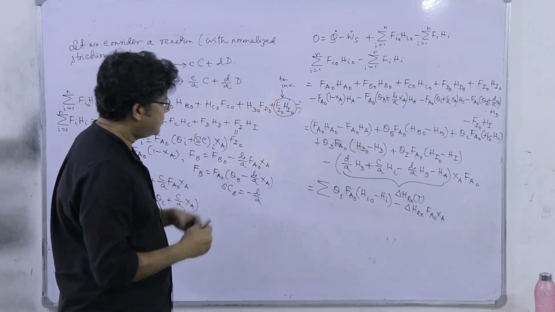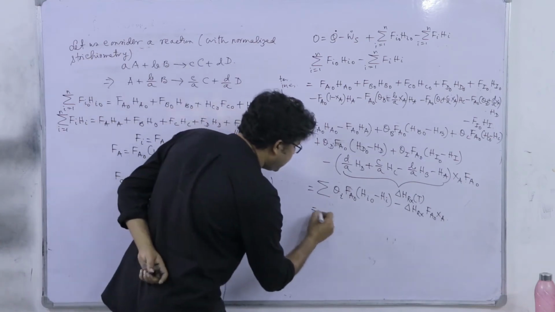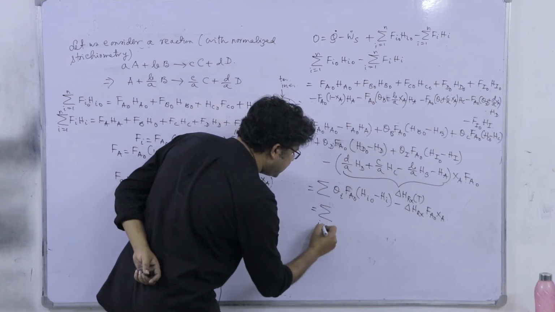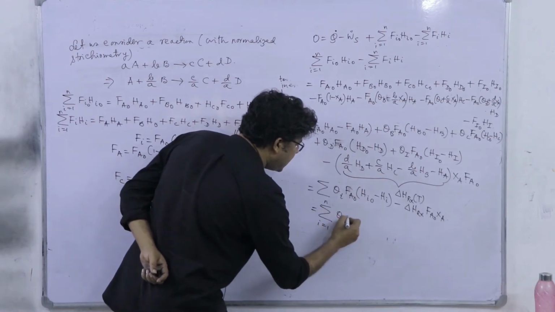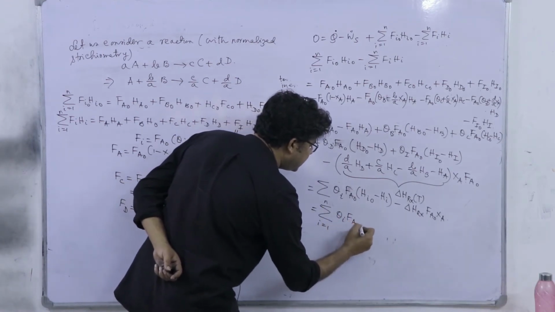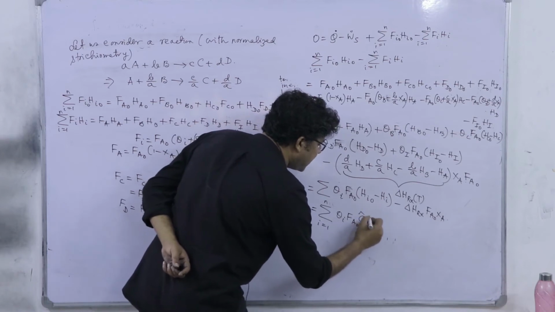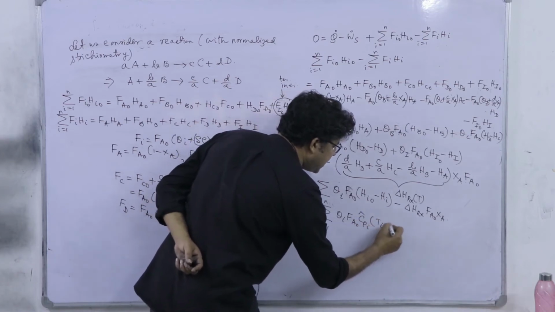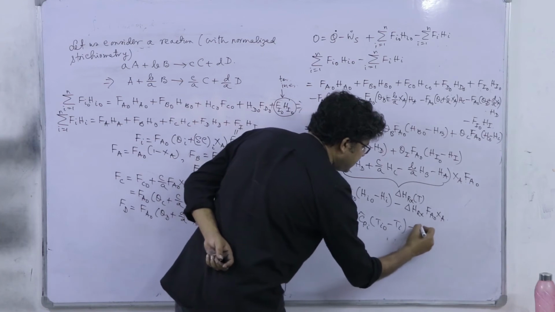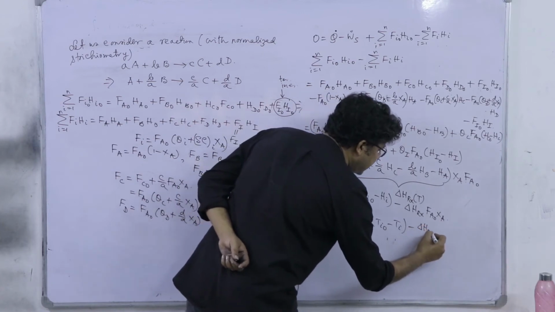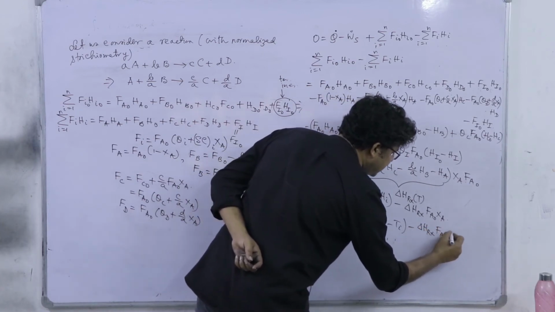That's the idea, and further we can write theta I into Fa naught into Cpi into (Ti naught minus Ti) minus delta H Rx into Fa naught into Xa.